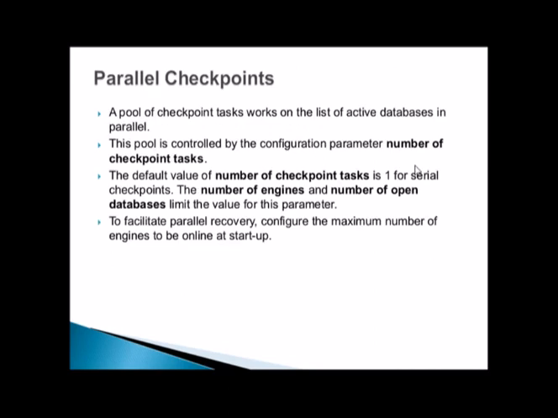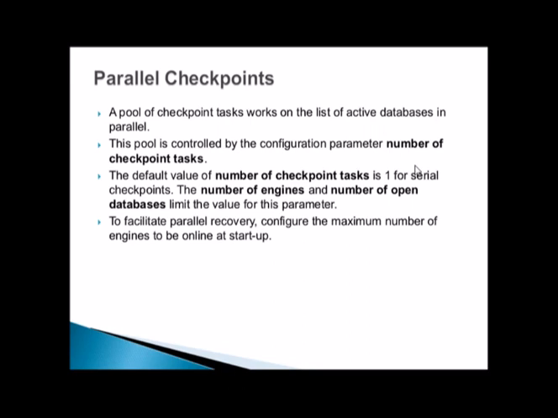Parallel checkpoints. A pool of checkpoint tasks works on the list of active databases in parallel. That is parallel checkpoint. This pool is controlled by the configuration parameter number of checkpoint tasks. The default value of number of checkpoint tasks is 1 for serial checkpoints, and the number of engines and number of open databases limit the value of this particular parameter.